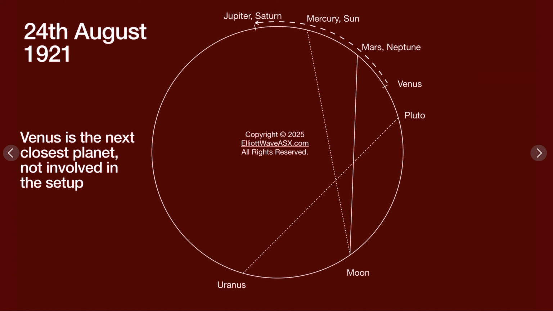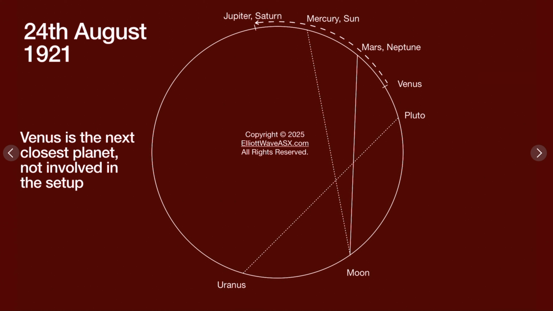Now, in October 1921, it's about 2 months and 2 or 3 days, Jupiter and Saturn slowly come apart, their aspect comes apart, and Jupiter is slightly further round, and Venus catches up and is conjunct Jupiter.